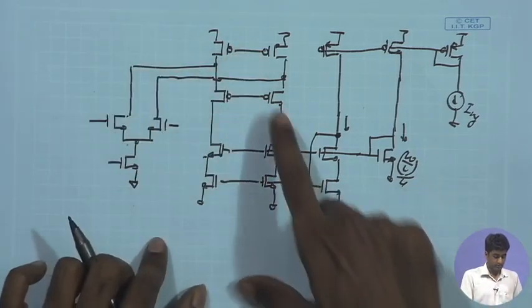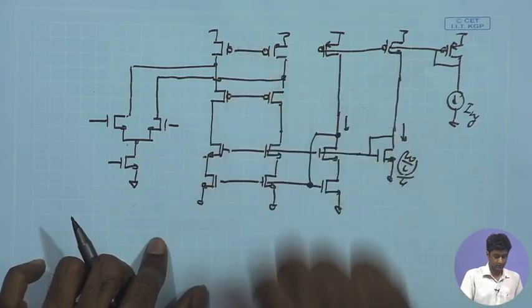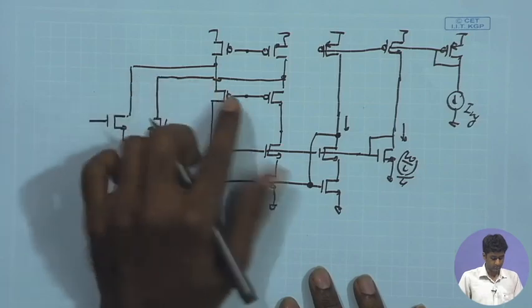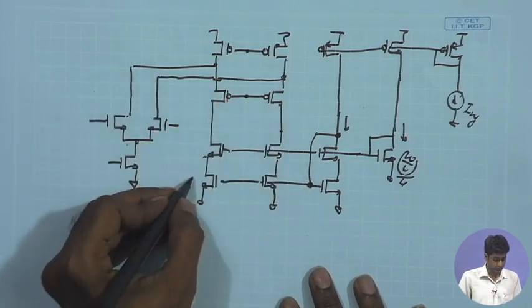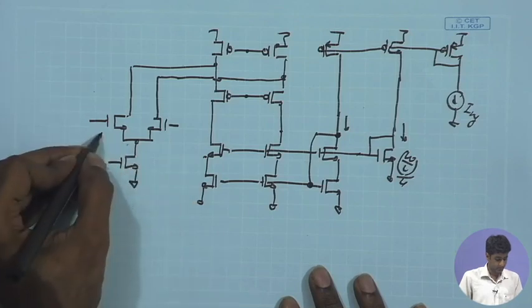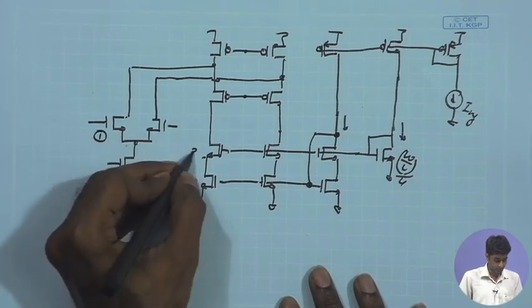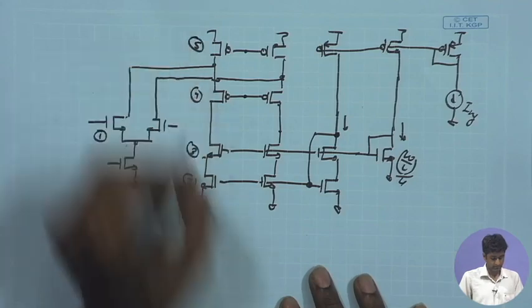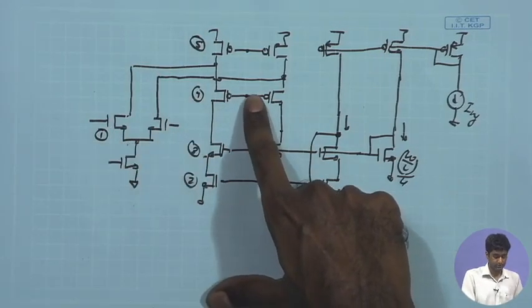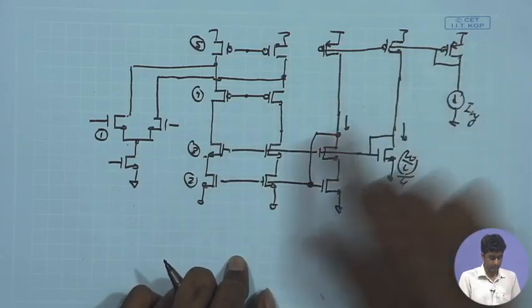We also need to look into the biasing of the top branches, and for that, once again, I need to first look at the PMOS over here. Let me number the pairs as 1, 2, 3, 4, and 5. And here I can bias the PMOS transistor using a similar scheme to the one I used for the NMOS.